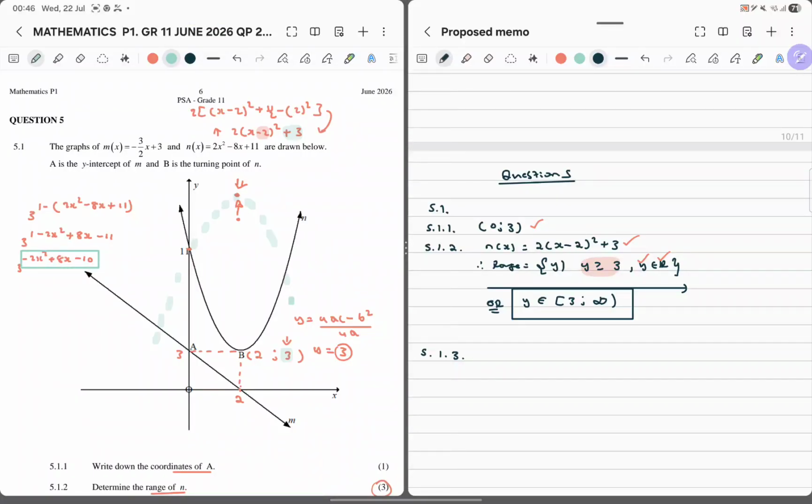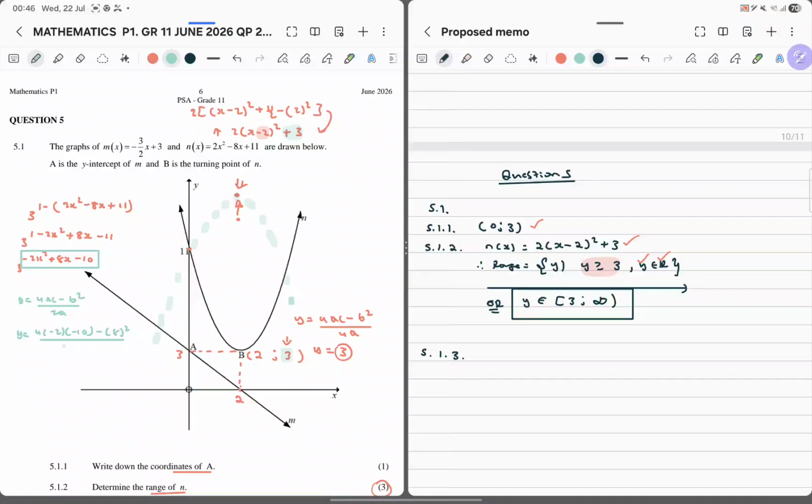As I said, the maximum value is the y value at the turning point. So y is equal to 4ac minus b squared over 2a. Sometimes when the question is a bit naughty, you just do naughty things. So this is 4 into a is minus 2. C is minus 10. Minus 8 squared.